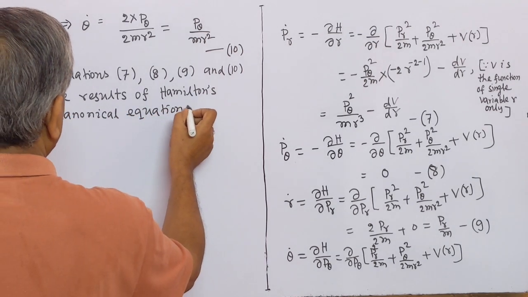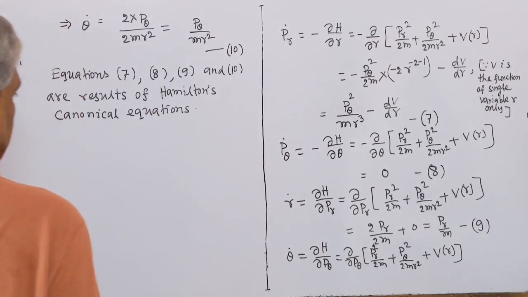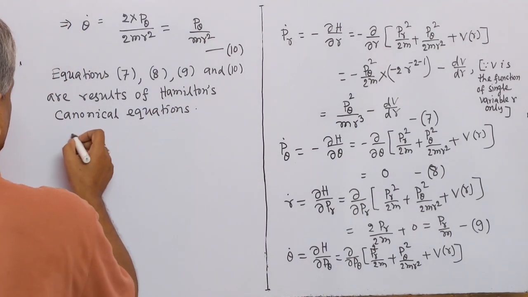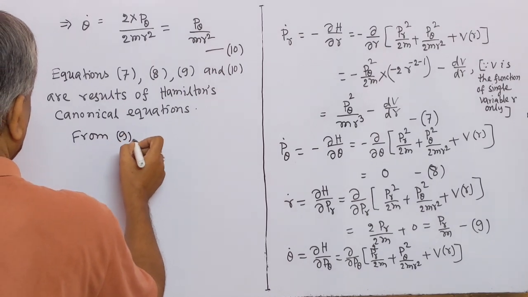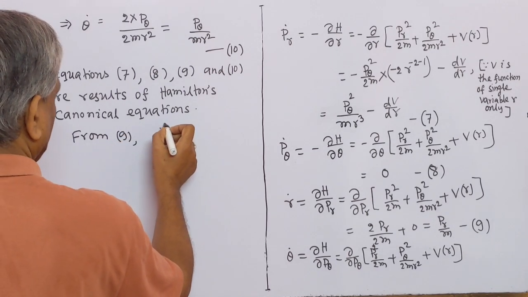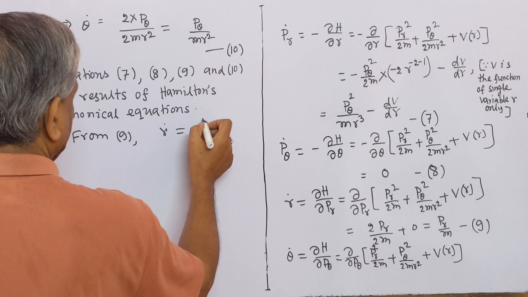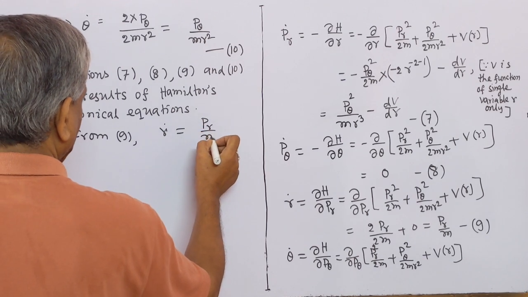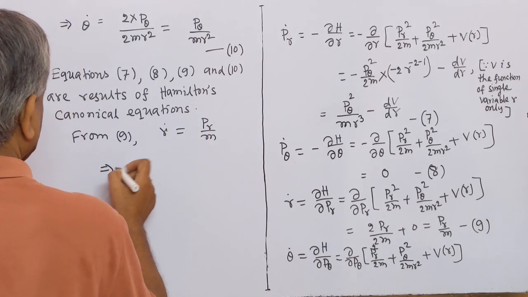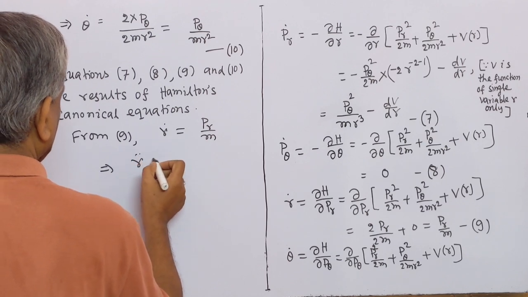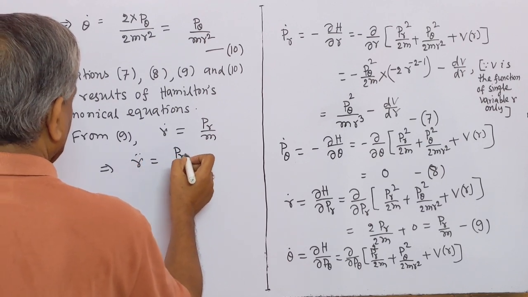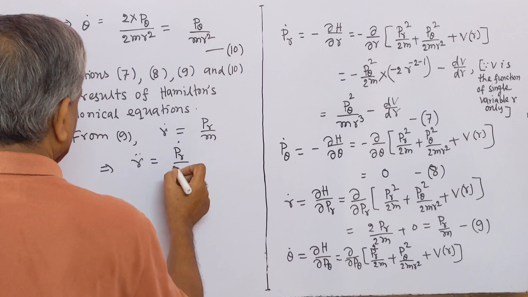From 9, r dot equal to Pr by m, which implies that we take again derivative: r double dot equal to Pr dot by m.